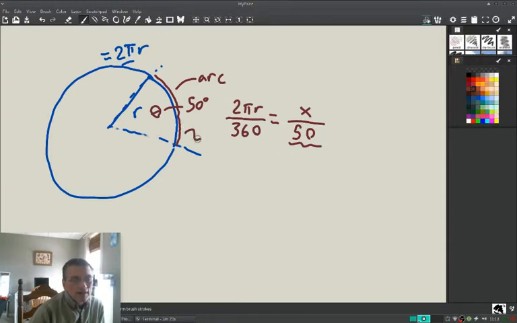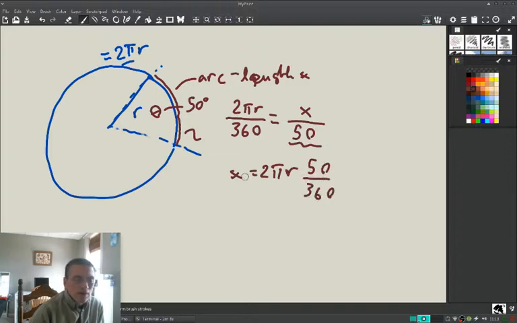The length of this arc, x, equals 2 pi r, and we'll multiply both sides by 50 over 360. If we knew r, we could get a number out for that and get the length of this piece of a circle. You can do similar things. Again, if this was 360, it would be 360 over 360, which simplifies to 1, and you're left with just 2 pi r.